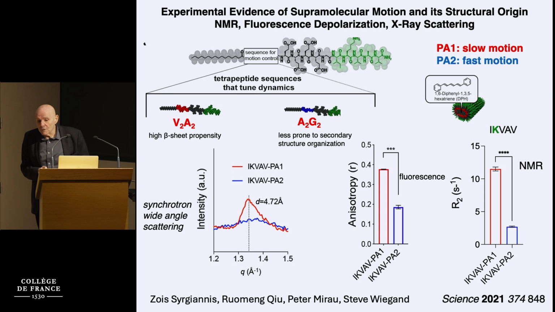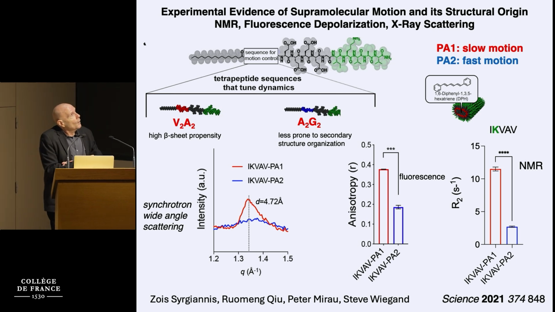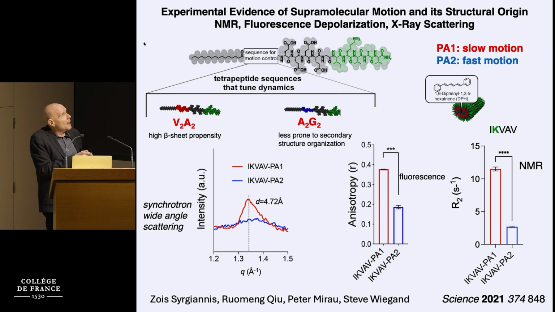So here is the story. This is from this paper in 2021. We designed one molecule. This is the signal. It's a laminin mimic. And in the normal domain that we typically use for supramolecular polymerization, we either installed a tetrapeptide V2A2 or the tetrapeptide A2G2.